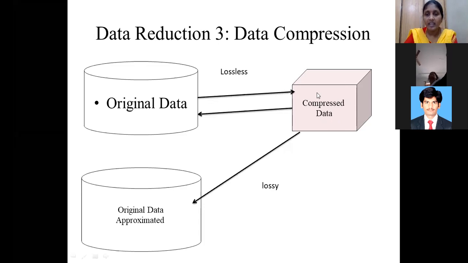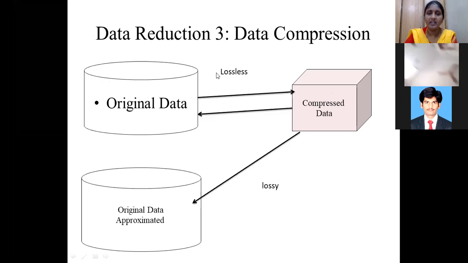Again, I want the original data as it is. When your original data can be reconstructed from the compressed data without any loss of information, then it is called lossless compression.